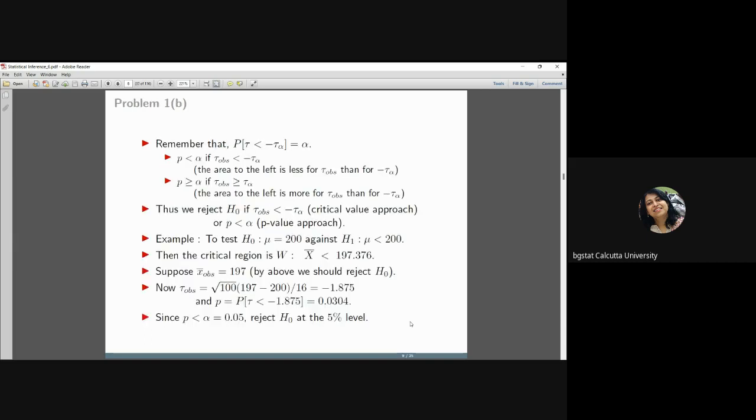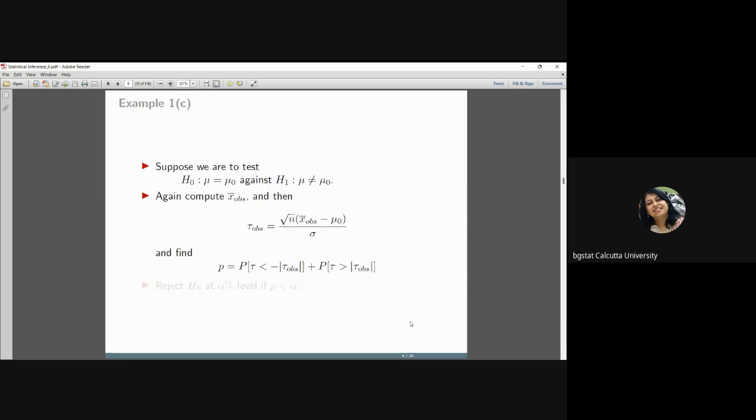Suppose, as for this example, the value of tau observed turns out to be minus 1.875, then modulus tau observed will be just 1.875. We ignore the sign.